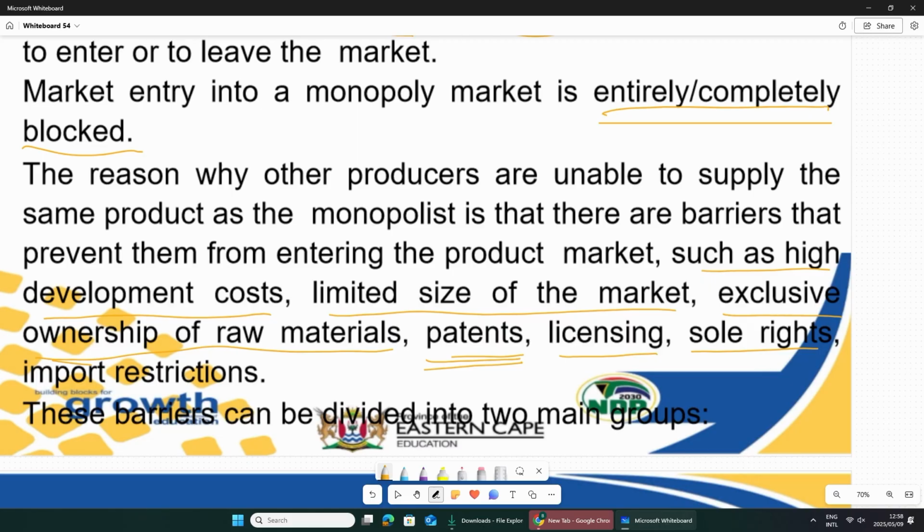So no other producer can produce the same product since they do not have the sole rights. It can also be due to import restrictions. Maybe the government put a restriction on importing raw materials that are needed to produce the product because they want to promote a single seller in the domestic market to produce the product.